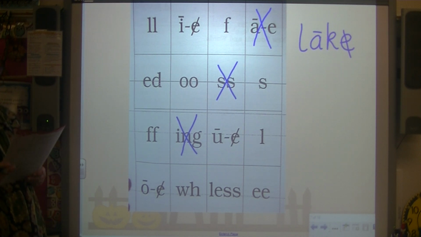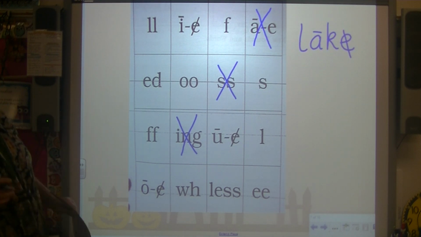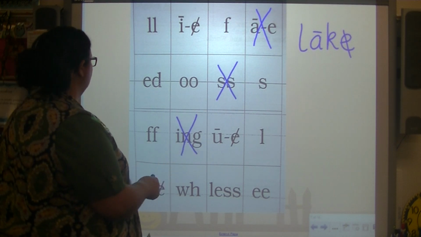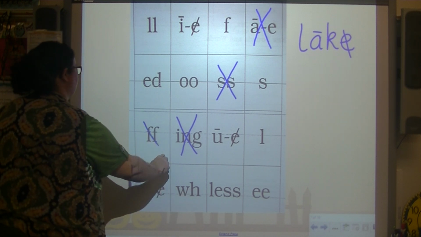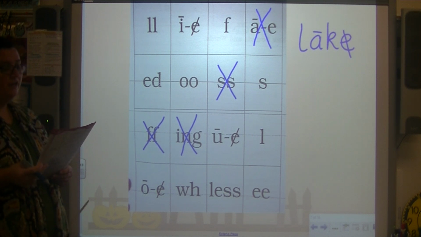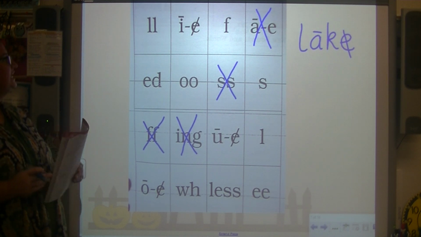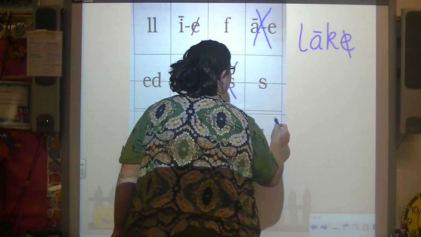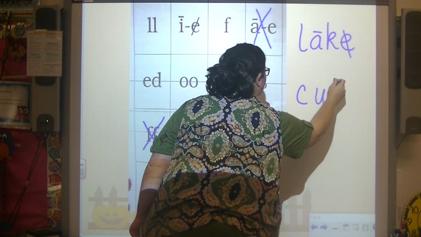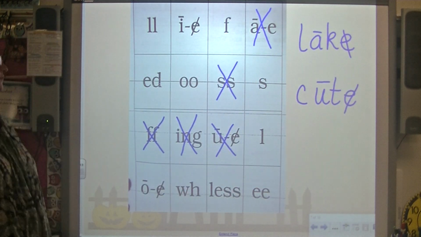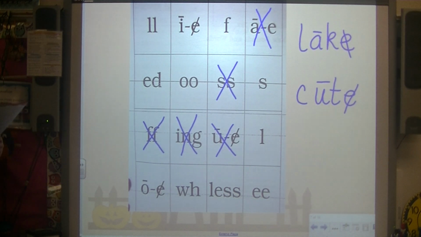All right. The final sound in fluff, that is also a floss rule, FF. The vowel sound in cute, U consonant E. All right.